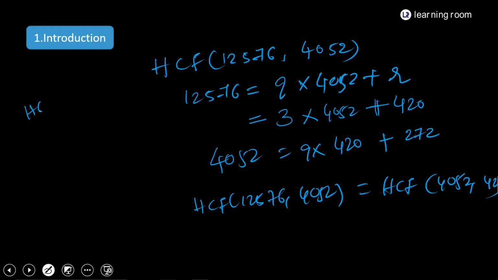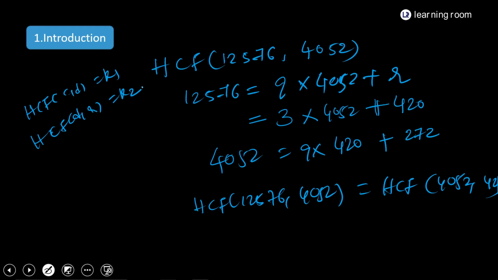HCF of C comma D equal to K1, HCF of D comma R equal to K2. And now we are proving that K2 is a factor of C and D, K1 is a factor of D and R.